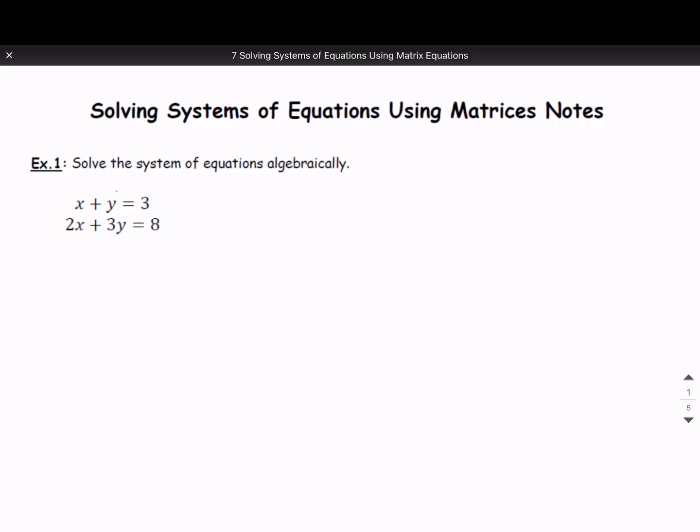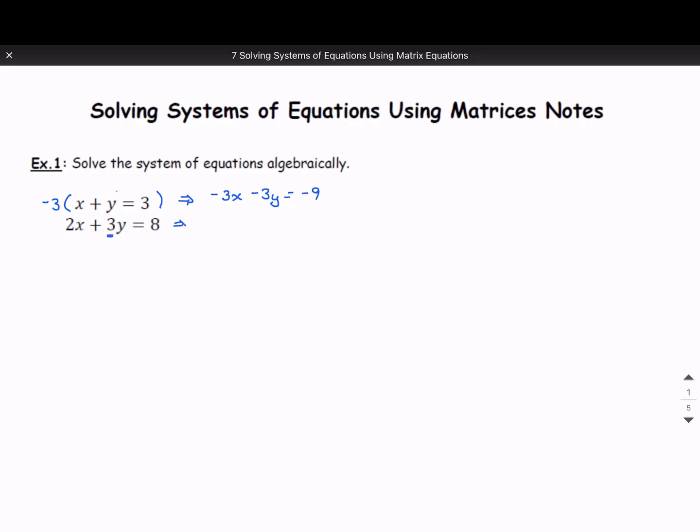You could solve that top equation very easily for either y or x and then do substitution, or I'm going to use the elimination method, and I'm going to try to eliminate the y variable. So I'm going to multiply the top equation by -3. Okay? So if I multiply that top equation by -3, I'm going to have -3x minus 3y equals -9.